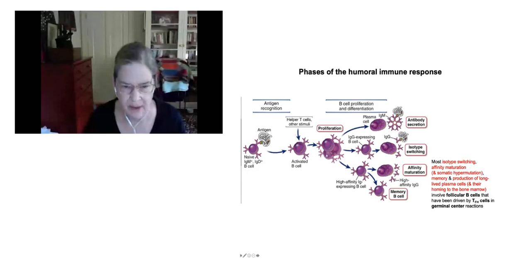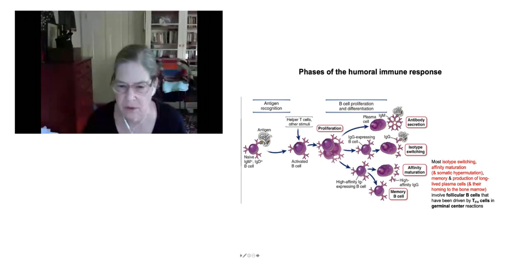It will proliferate, and you'll originally make short-lived plasma cells that secrete IgM, and you'll also have IgG B cells. You'll have class switching, so you'll have IgG B cells that can form plasma cells that can secrete IgG, and or IgA or IgE, depending on what it's told to do.